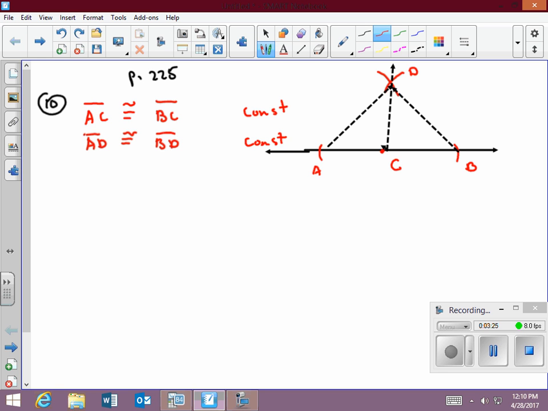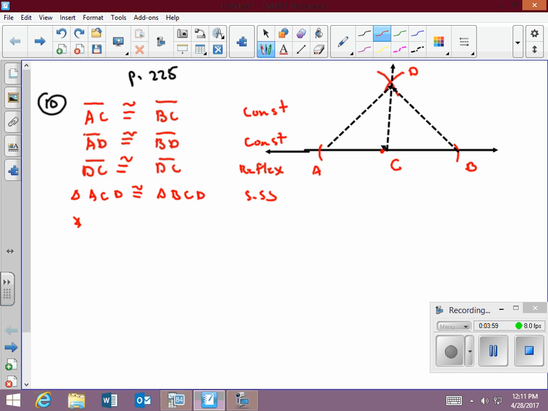And then you have that DC would be congruent to DC, and this is reflexive. And then you have the triangle ACD would be congruent to triangle BCD, and that'd be side, side, side.